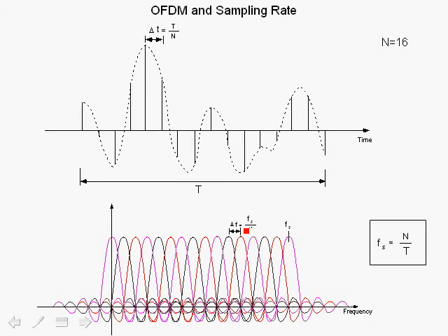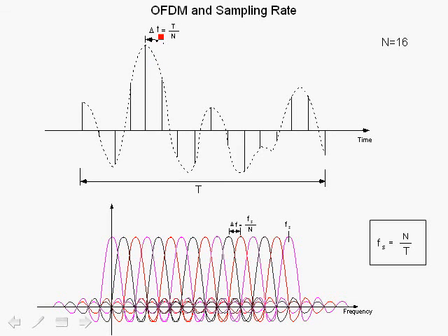Now, if OFDM occupies a bandwidth of, say, 20 megahertz, for example, then the sampling rate, in fact, is 20 megahertz, or fs is the bandwidth. This is what we want to highlight here. If we go back and take a look at the time domain, then the sampling rate is equal to 1 over delta t.